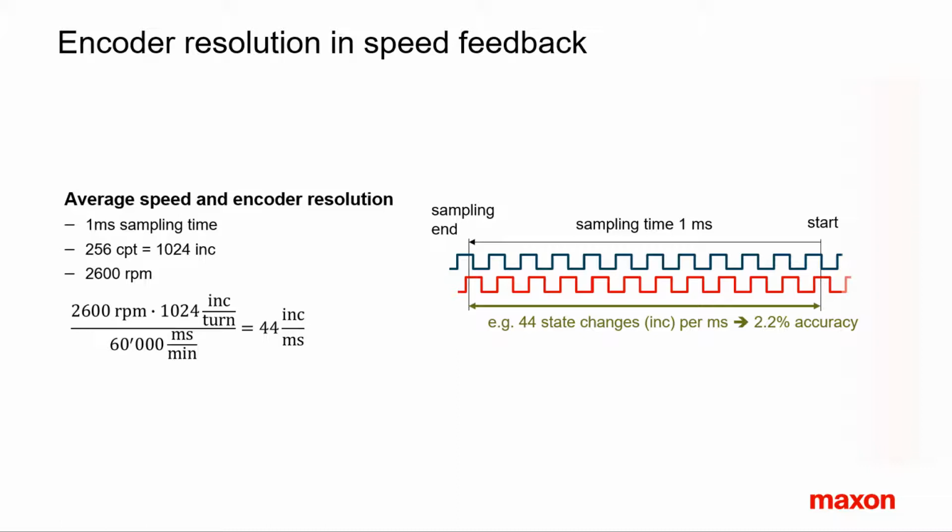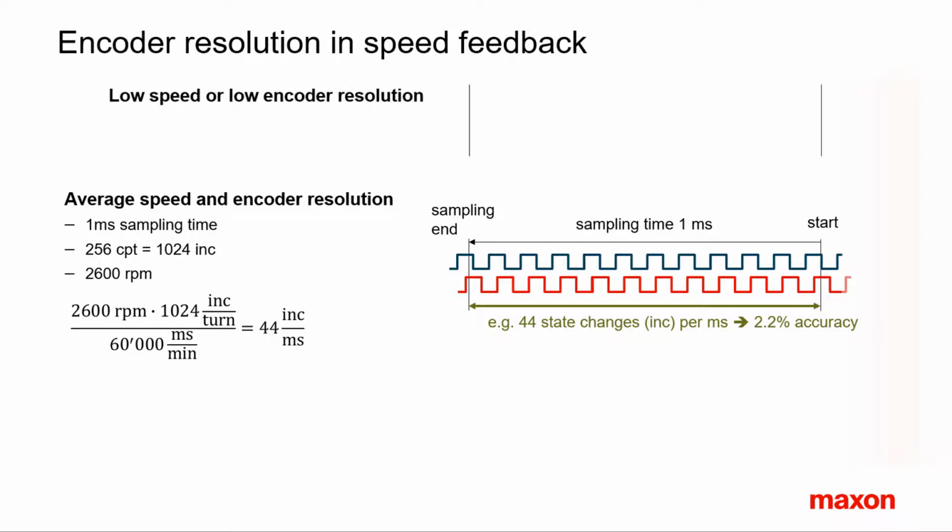A typical example could be motor speed 2600 rpm, encoder resolution 256 counts per turn, which corresponds to 1024 states per turn, and a controller sampling time of 1 millisecond. This results in about 44 increments per millisecond. The quantization of speed measurement is 1 increment per millisecond, corresponding to a speed resolution of 58 rpm, or a little bit more than 2% of 2600 rpm.